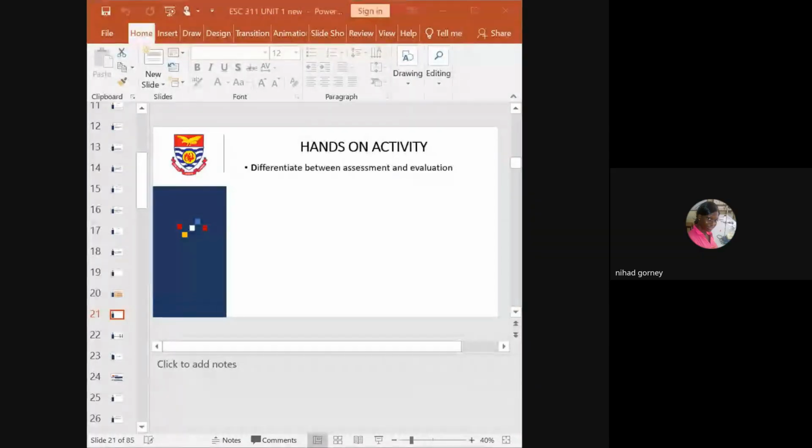Philip. All right. So the difference between assessment and evaluation: assessment has to do with using different methods or procedures to collect information about different characteristics or skills or attitudes of the student.